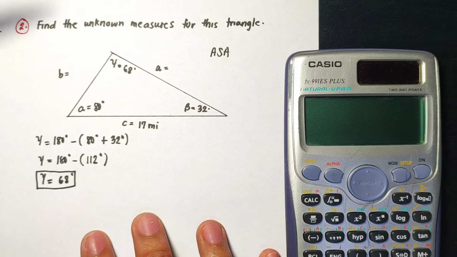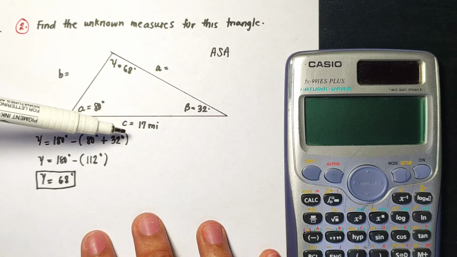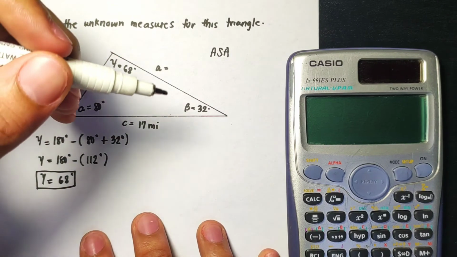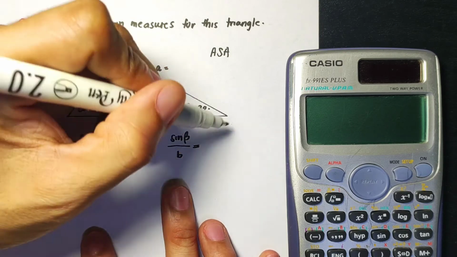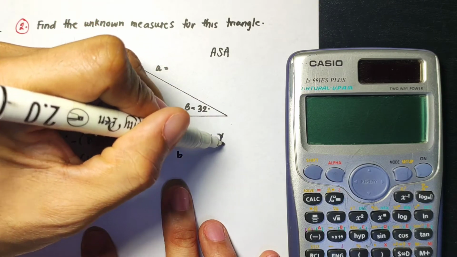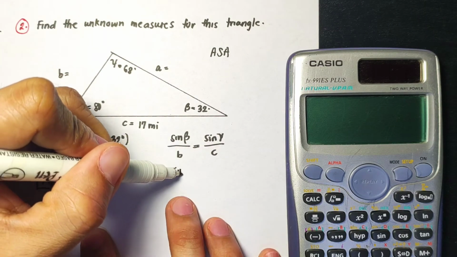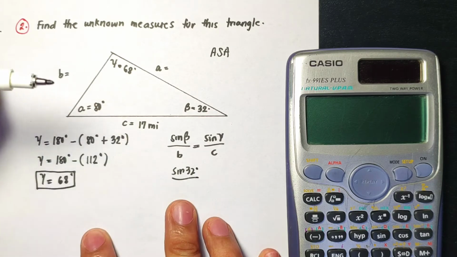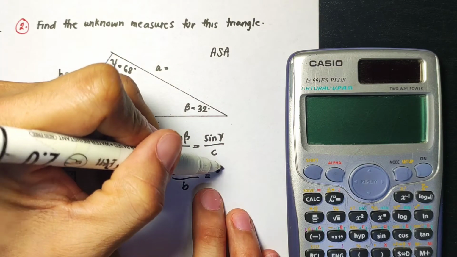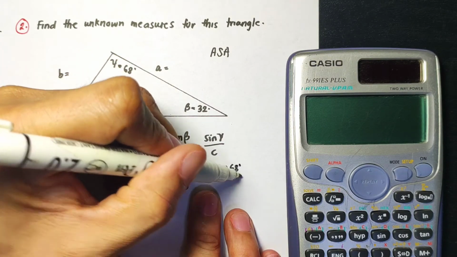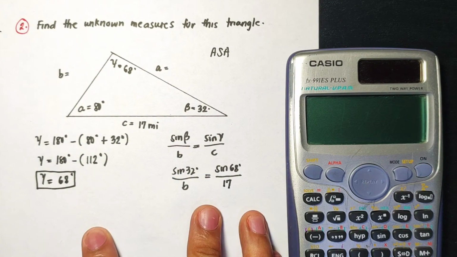With the unknown side B, given this side C, we can use sine beta over B equals sine gamma over C. The value of this is 32 degrees, so sine 32 degrees over side B, which is unknown, equals sine of gamma, which is 68 degrees, sine 68, over the value of side C, 17 miles.